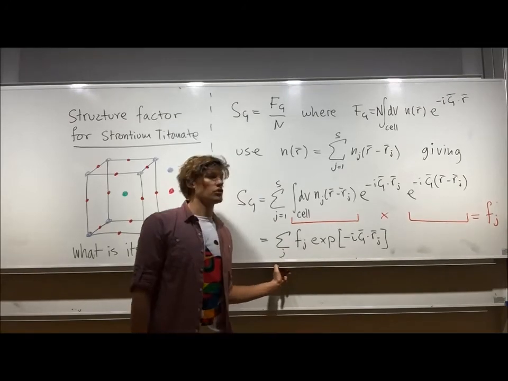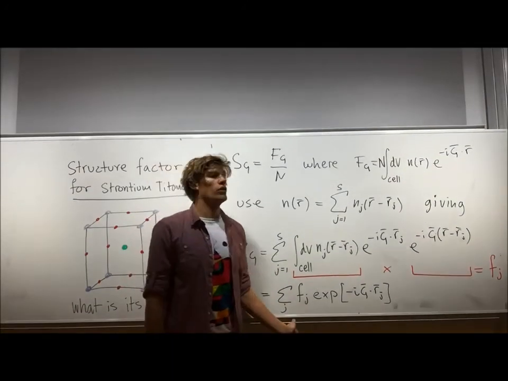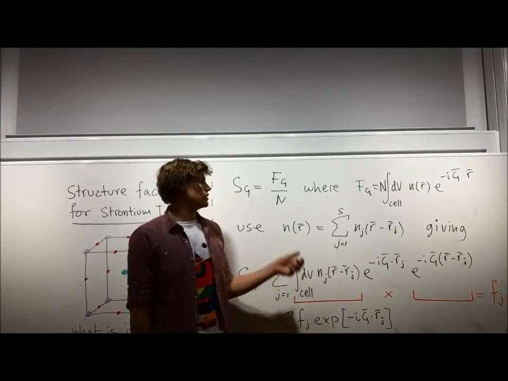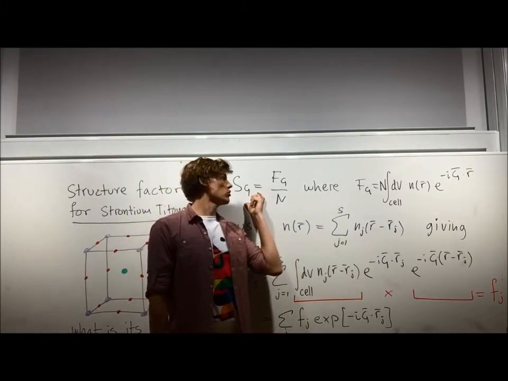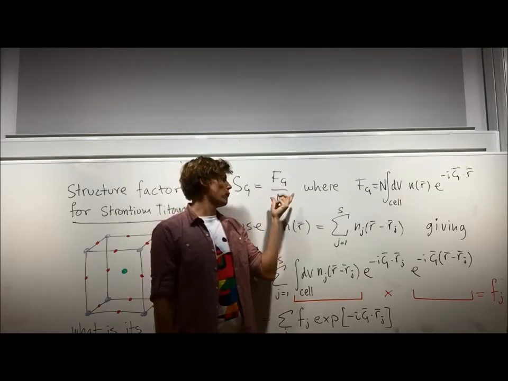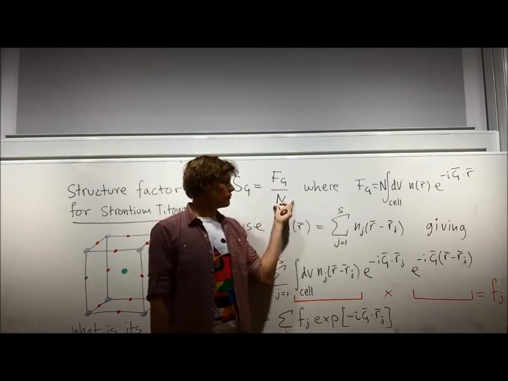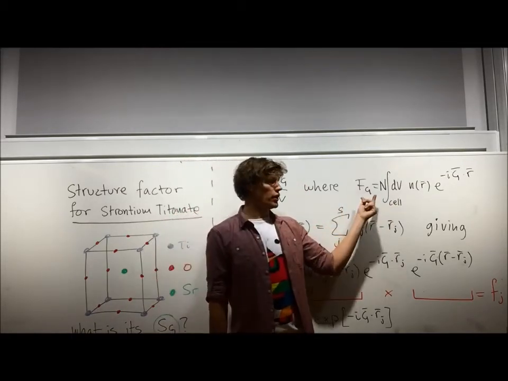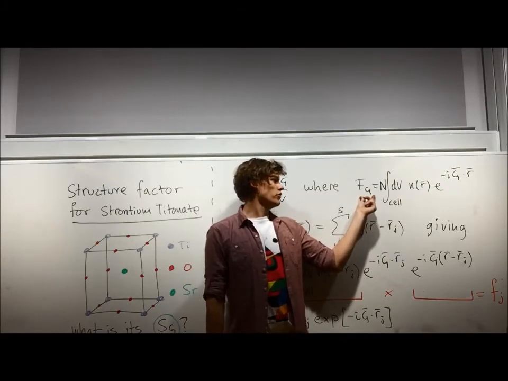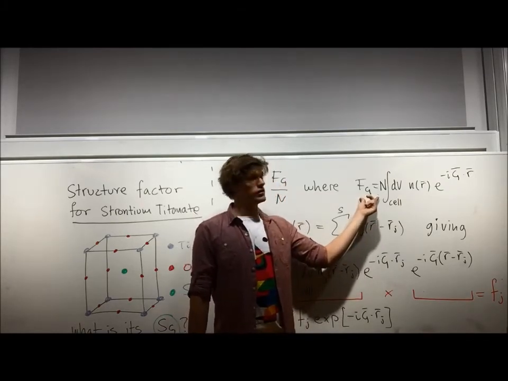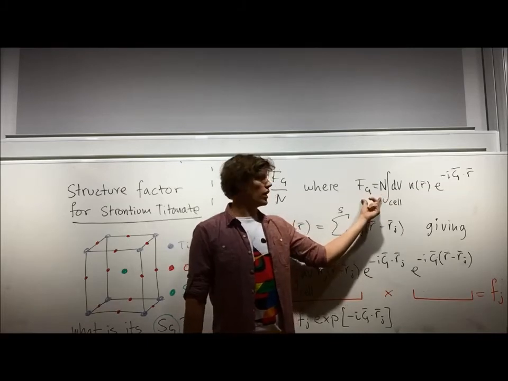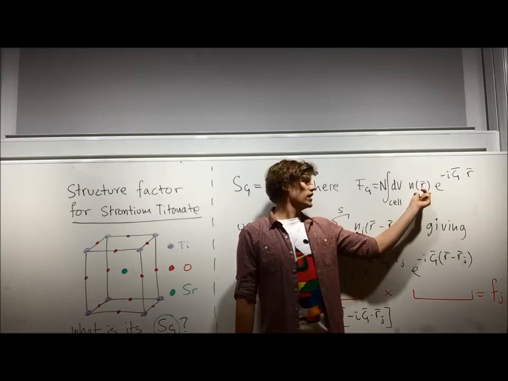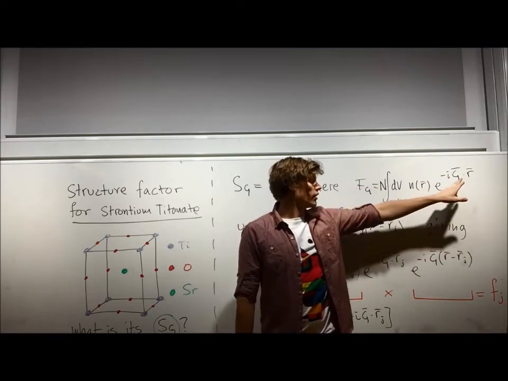In order to calculate the structure factor, we need to look at what the structure factor is defined as. Basically, the structure factor is something that is proportional to the amplitude per unit cell. So here is the scattered amplitude, or a factor that is proportional to that, and that is proportional to the integral over the electronic density times the phase factor.